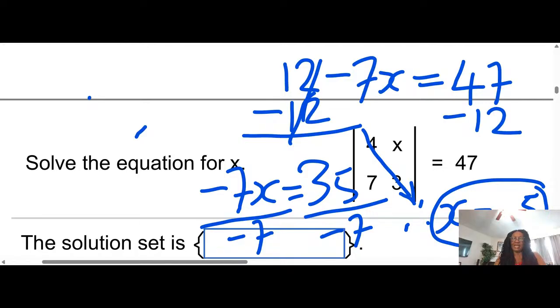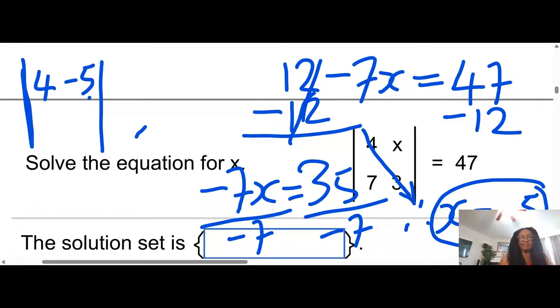Well, I can check my answer. I can go back and see, is the value of x as negative 5 true? So I'm going to check my answer. Now I have 4, and I know the value of x this time, so I can put negative 5 here.